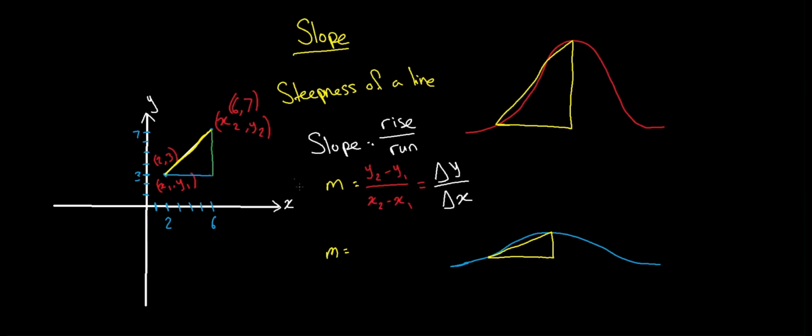So the y2, which is 7, minus y1, which is 3, because that's the y coordinate of the first point, over x2, which is 6 over here, minus x1, which is 2. So now when we solve, 7 minus 3 is 4, over 6 minus 2, which is also 4. So this is a slope of 1.